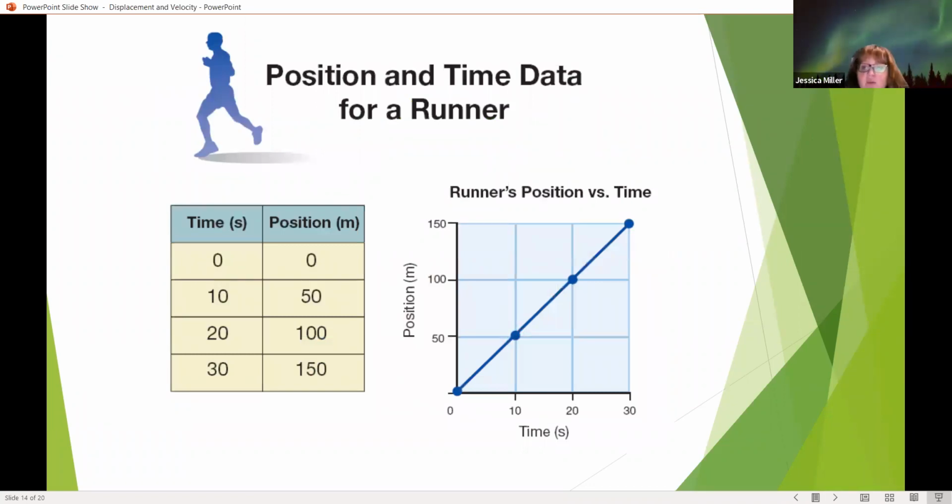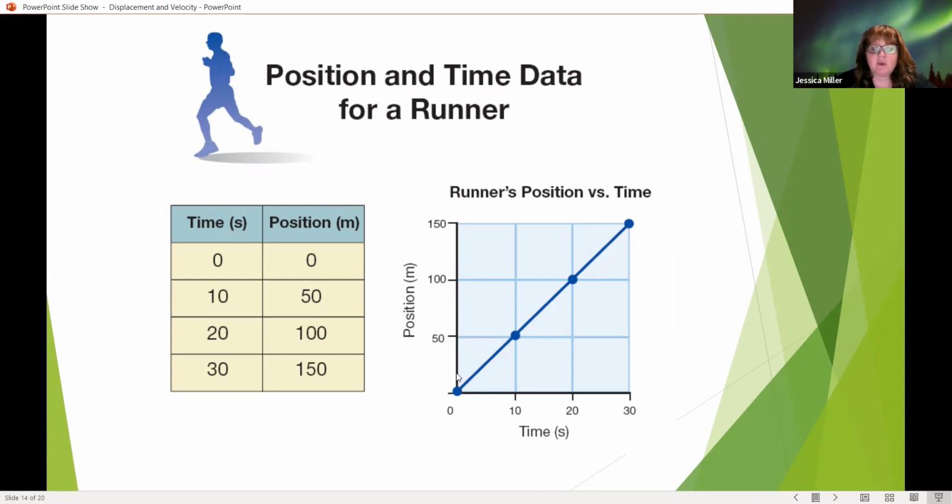You will be working on graphs later this week of your own motion, and your graph will look something like this. When you take time and position data for an object moving with a constant speed, you're going to get a linear graph.